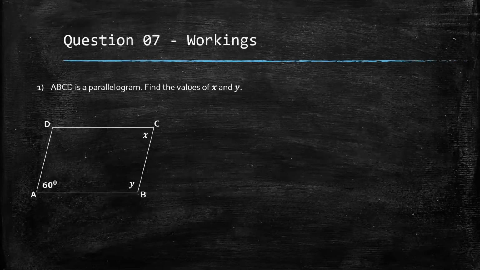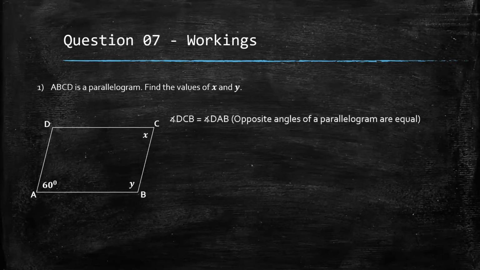So the first question: ABCD is a parallelogram. Find the values of x and y. When we consider angle DCB, which is x, and angle DAB, which is 60 degrees as indicated here, they are equal, because opposite angles of a parallelogram are equal.